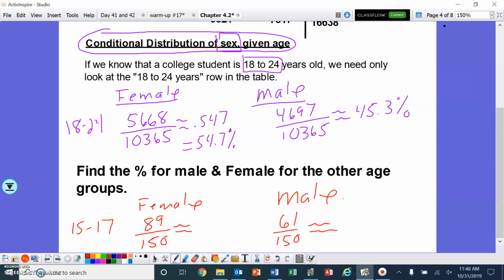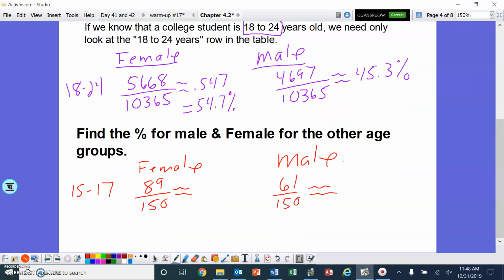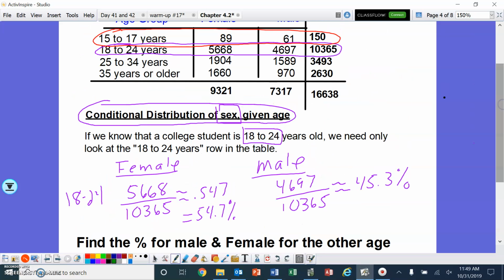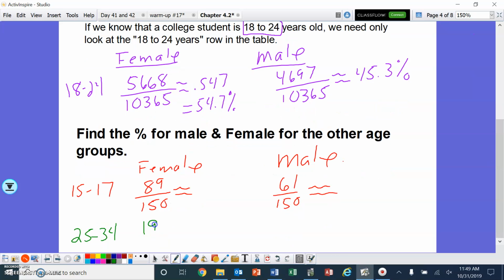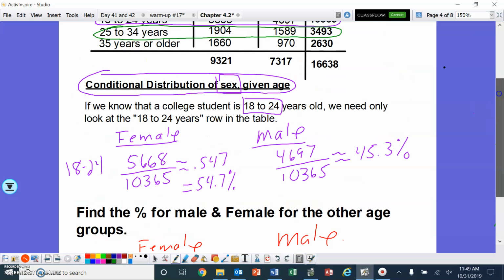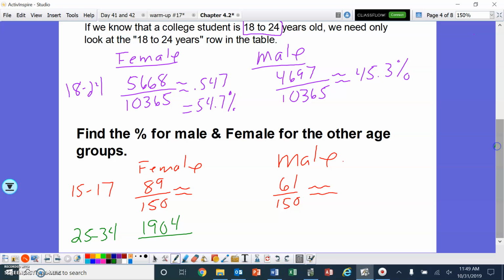All right, we already did the 18 to 24. So now let's do the other age group, 25 to 34. So let's see what that would be. So 1904 divided by the 3493.